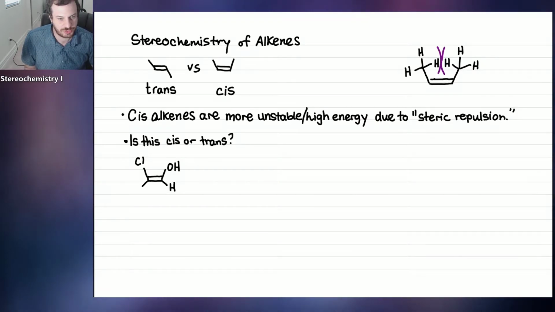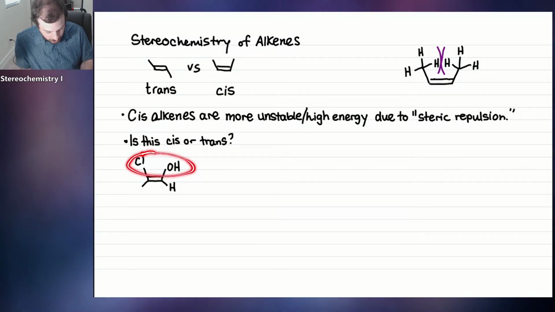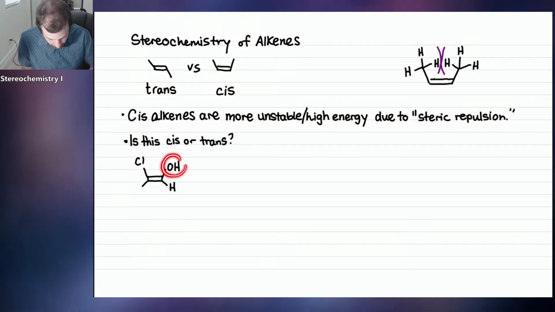So this is hard to assign cis or trans because what do we consider the biggest groups here? We've got stuff on every atom. So for example, maybe you think this is cis because the chlorine and the OH are on the same side. Or maybe you think it's trans because the OH and the methyl group are on opposite sides. It's not clear whether this is cis or trans because there are too many different groups there. So we use a more exact way of talking about cis versus trans.